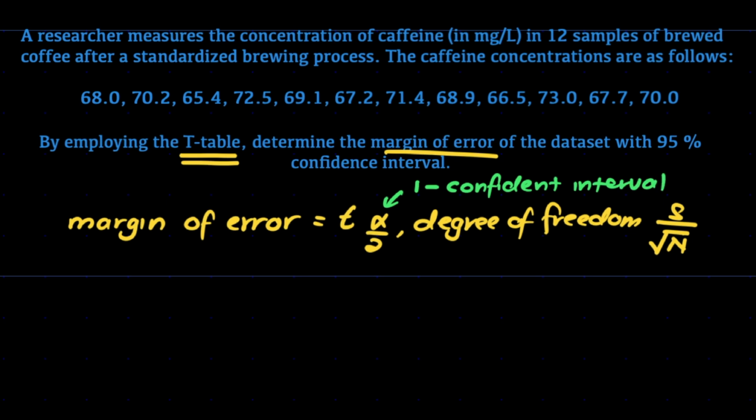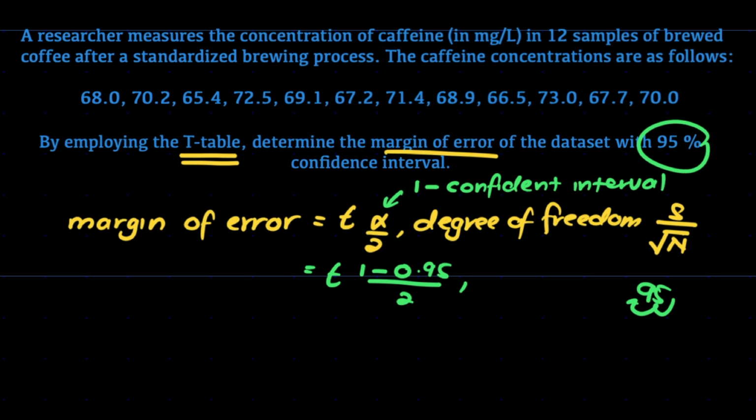Because this is 95%, which is 0.95, alpha is 0.05, divided by 2. Your degree of freedom is the sample size n minus 1, times your standard deviation over the square root of n, where n is equivalent to 12.